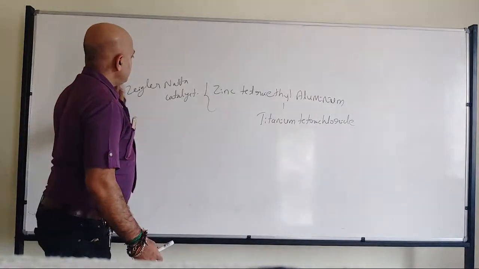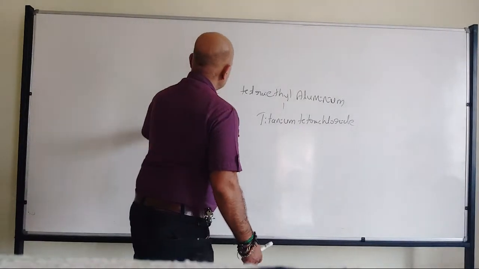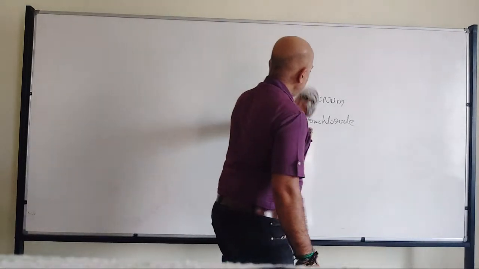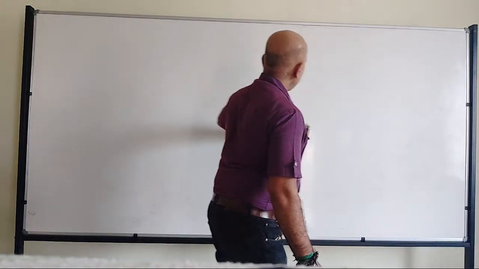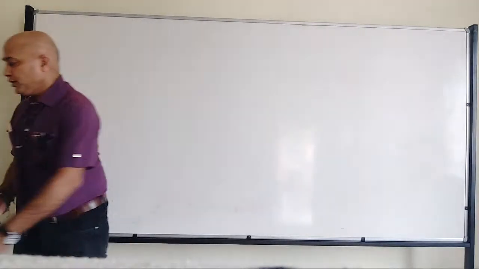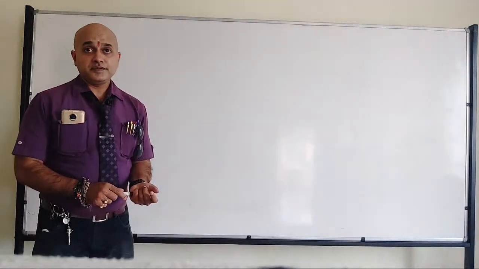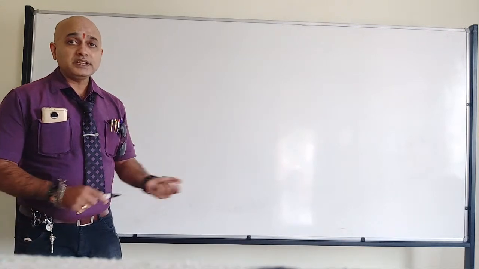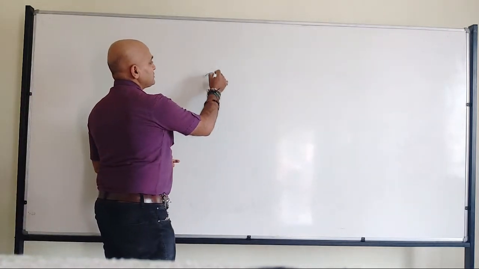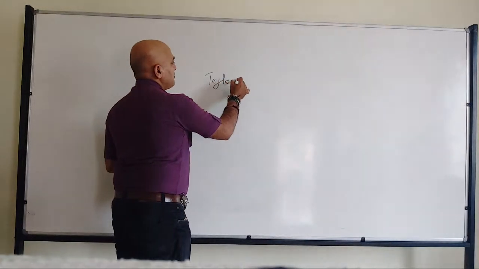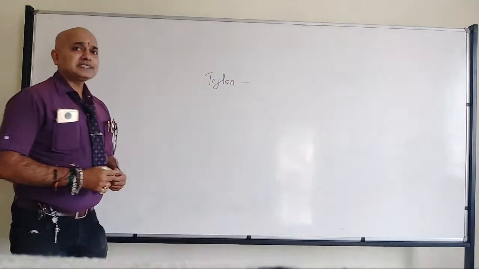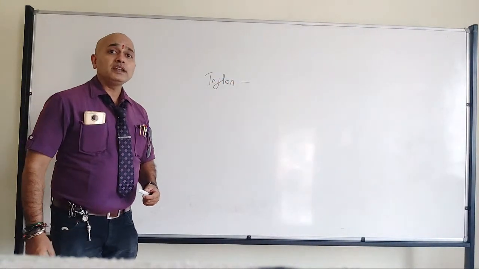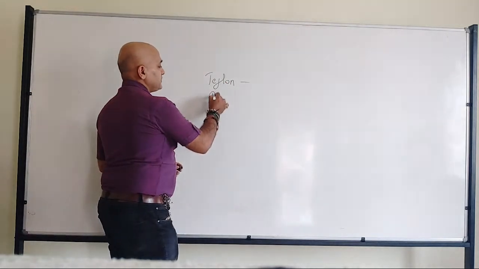If you don't have any doubt, once again we have to discuss addition polymers only. Another one is Teflon. All of us know Teflon coated, which is utilized for frying pans. So what is Teflon? Teflon is nothing but polytetrafluoroethene.